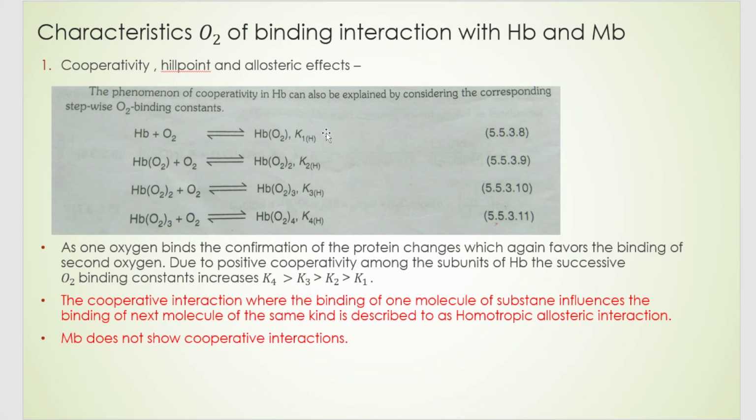Your affinity to bring your friend has increased, so you will bring your friend next. Once one friend has joined, now two people are there who are very interested in the group. Now you want one more friend to join, so you bring one more friend. Once you are three people, again your affinity to bring one more friend has increased. Like that, oxygen affinity is increasing.